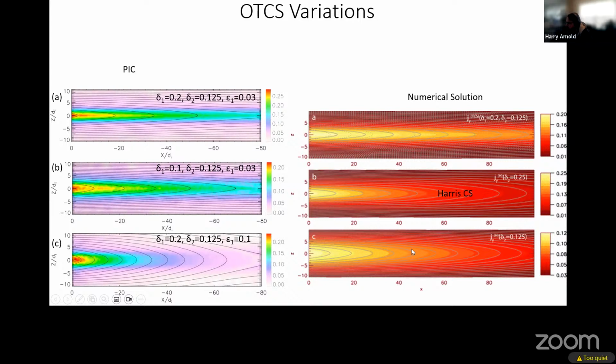The bottom plot tries to get the current sheet length in X to be the same as the thin current sheet, though you can see it doesn't do quite as good a job. And the left part of this box now, the thickness here is obviously much wider than the thin current sheet. So these thin current sheets do get you a more realistic aspect ratio.